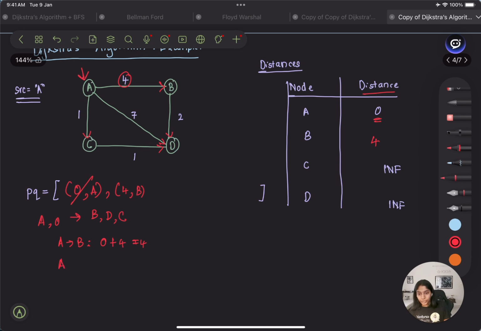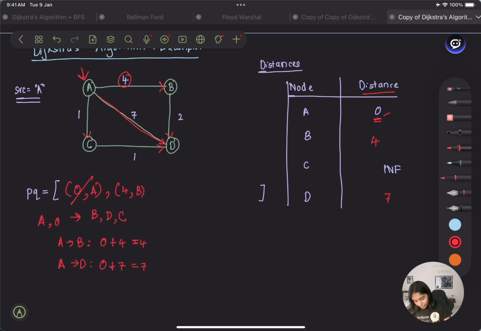Then I'll look at A to D. The distance of A is obviously 0, and this edge takes 7, so 0 plus 7 is equal to 7. The distance to D is infinity, so I update this to 7.